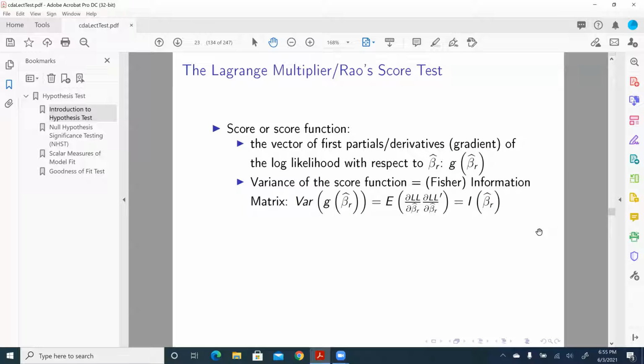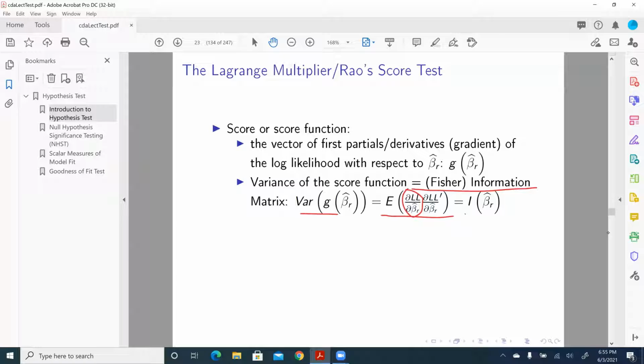And the variance of the score function, also called the Fisher information matrix, is basically the expectation of the first partial of the log likelihood with respect to beta restricted hat, multiplied by its prime, that is, the transpose of the same matrix.